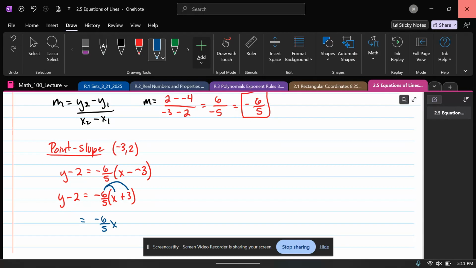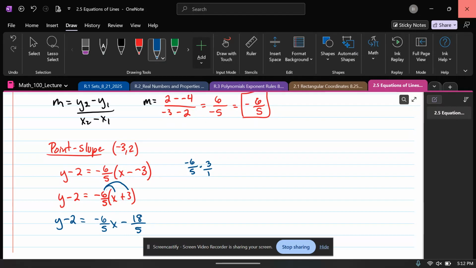I got the x part done. Now -6 over 5 times 3 over 1. -6 times 3 is -18, 5 times 1 is 5. Top times top, bottom times bottom. It does not reduce, so I'm leaving it at -18 over 5. And then I have y minus 2 there.